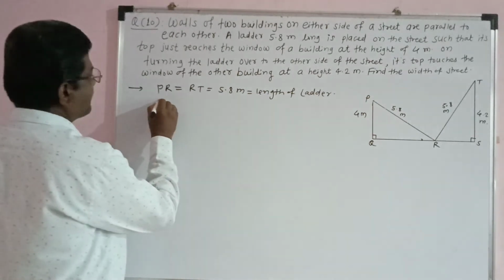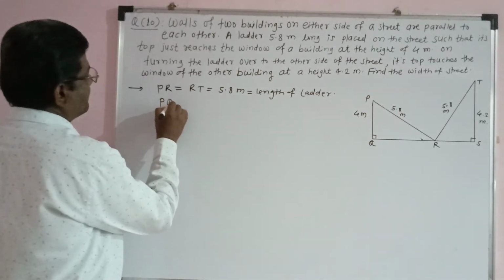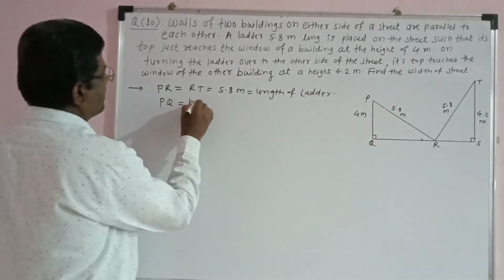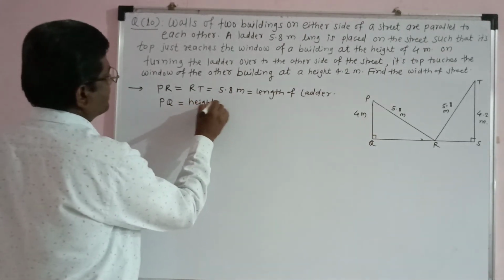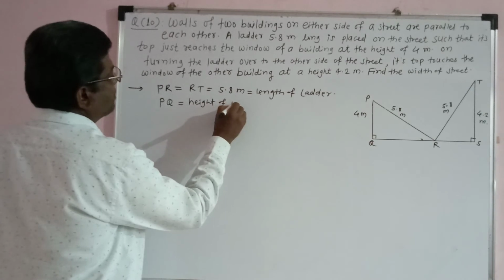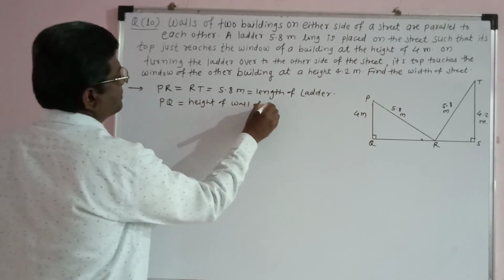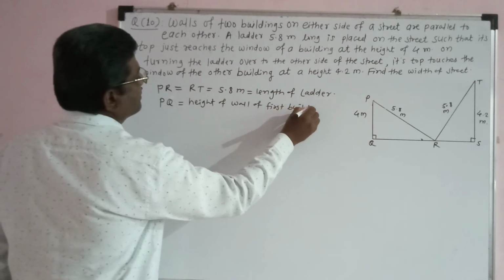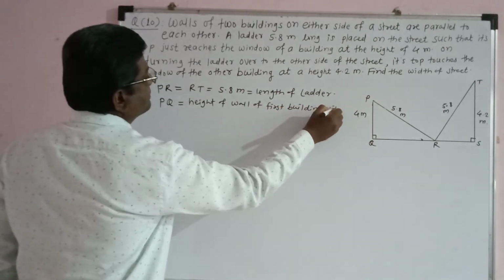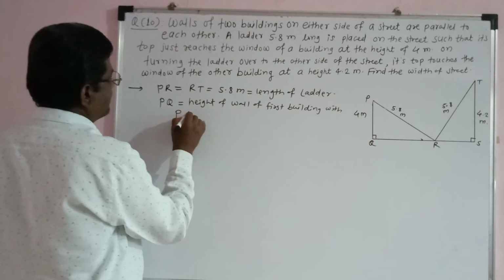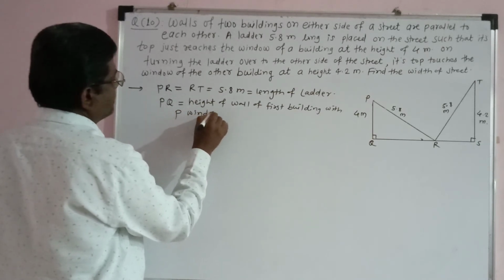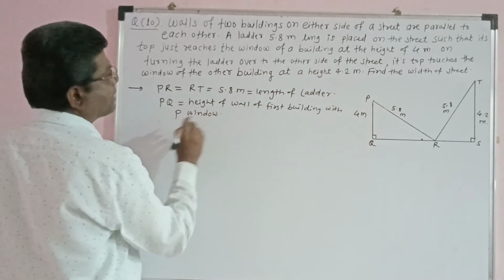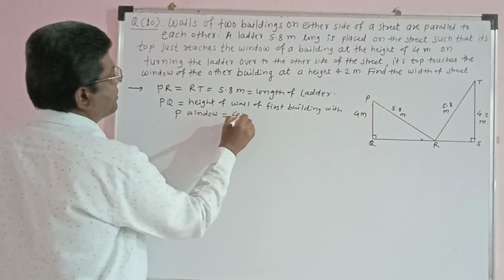Now PQ is equal to the height of the wall of the first building with P window, and this is given as 4 meter.